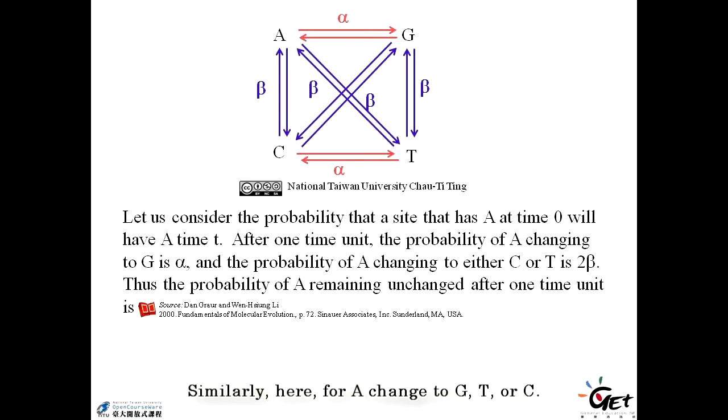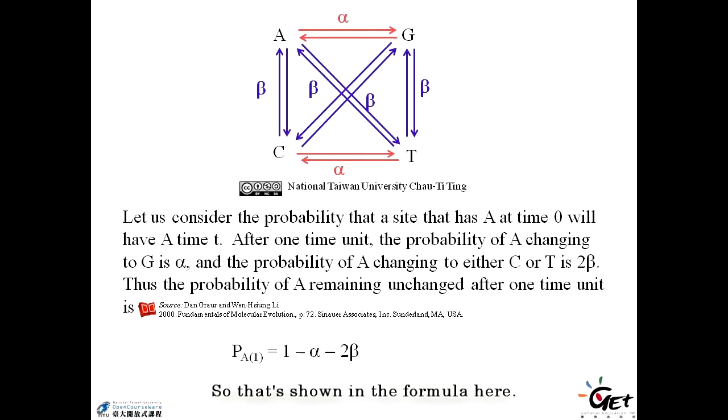Similarly here, for A changing to G, T, or C, now there are different probabilities. Change to G is alpha, but change to C or T is beta.